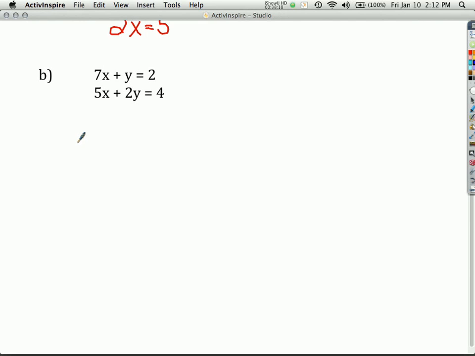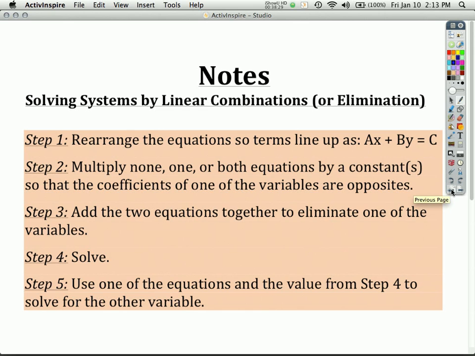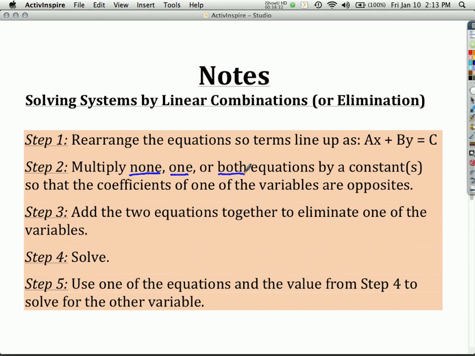So he actually said a whole bunch of observations. He doesn't even realize it. Yes, we're going to eliminate the y's, and not only that, we can do it just by multiplying the first equation. We don't have to multiply the second equation by anything. And if you look back at the notes, I wrote multiply none, one, or both. So the first example was both. The second example is one.